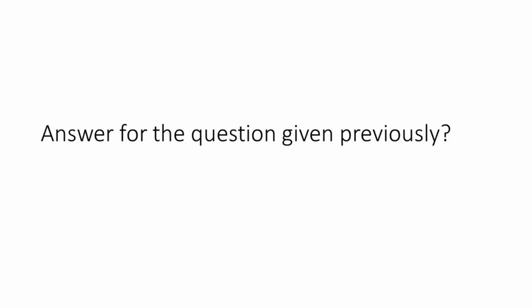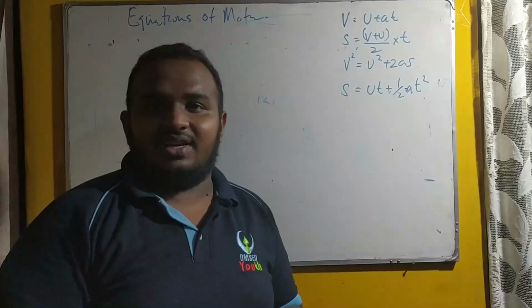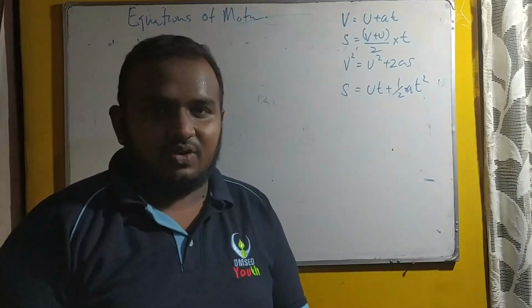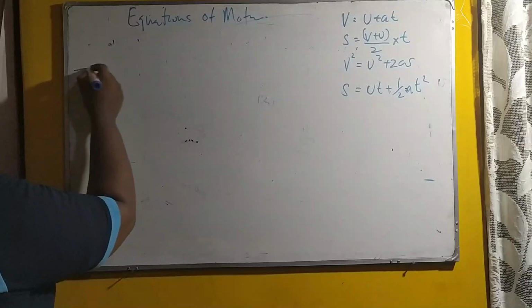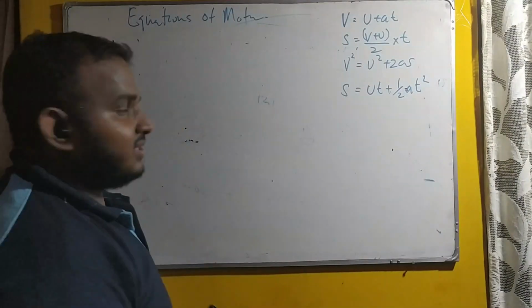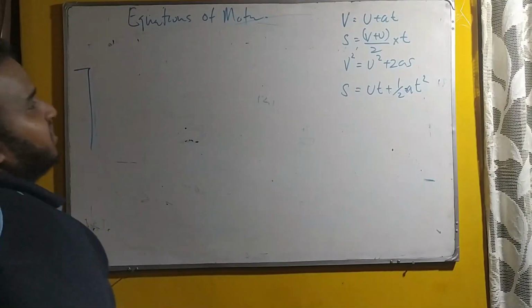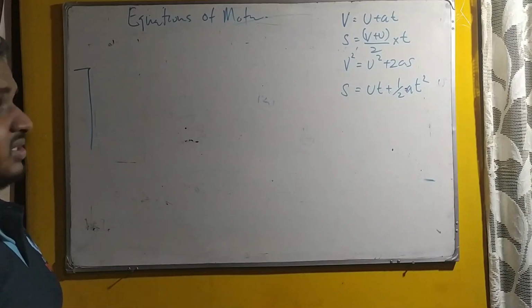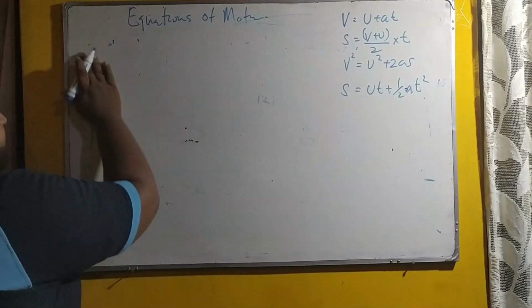Right. So very simple. Now I will take the same question I gave you in the previous one. Can you remember? The building, I didn't solve one of it. The third question I asked you was to find the acceleration.